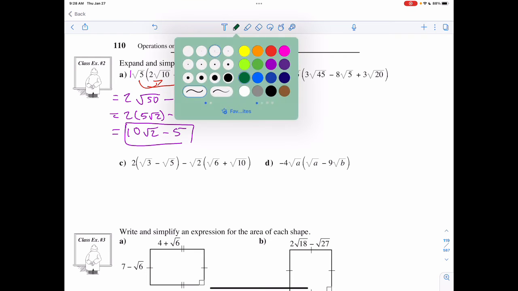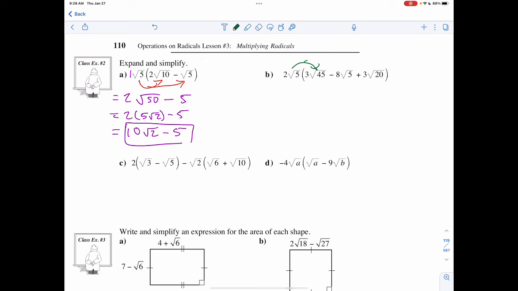When I get to the next example, I need to expand it into all 3 terms. Doesn't really change my process. So I go coefficient by coefficient. 2 times 3 is 6. And root 5 and root 45 makes root 225. For the next one, 2 and negative 8 is negative 16.